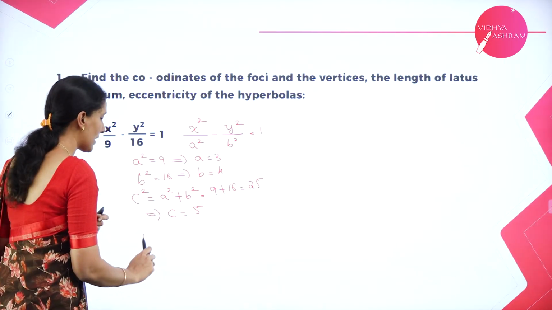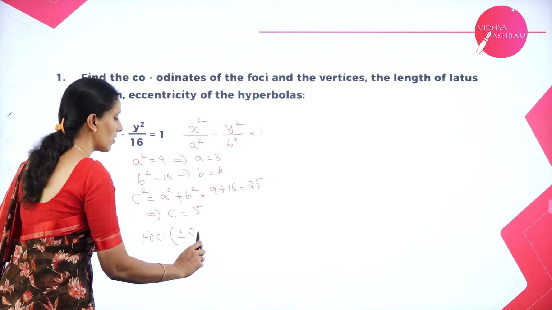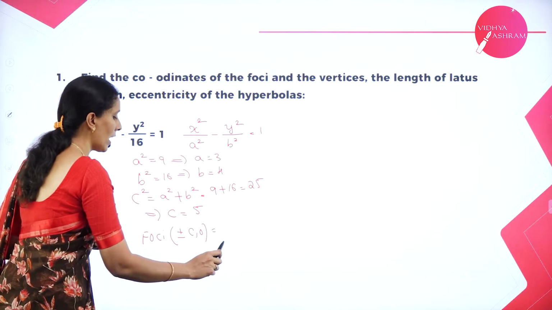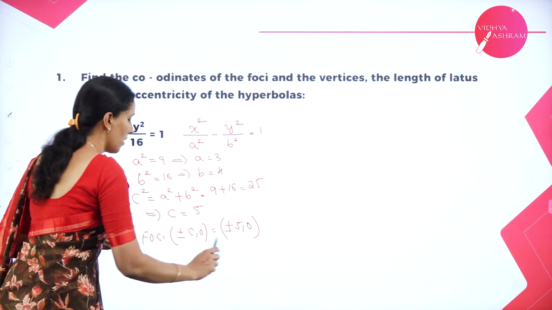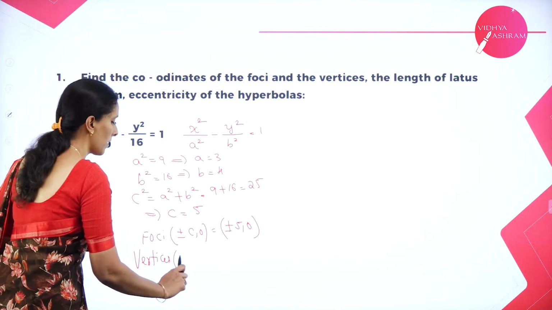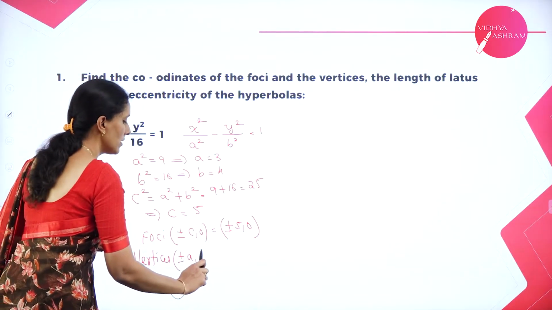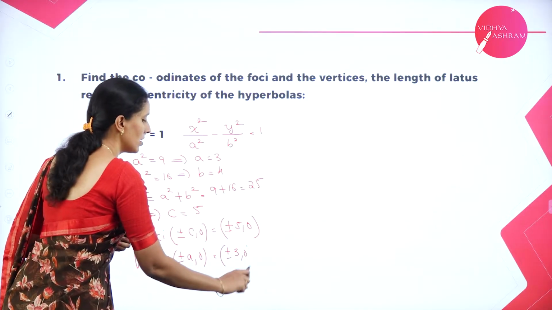So on the x-axis, the foci can be written in the form of plus or minus c comma 0. So therefore it can be written as plus or minus 5 comma 0. Now what about the vertices? Vertices can be written as plus or minus a comma 0. So therefore it becomes plus or minus 3 comma 0.